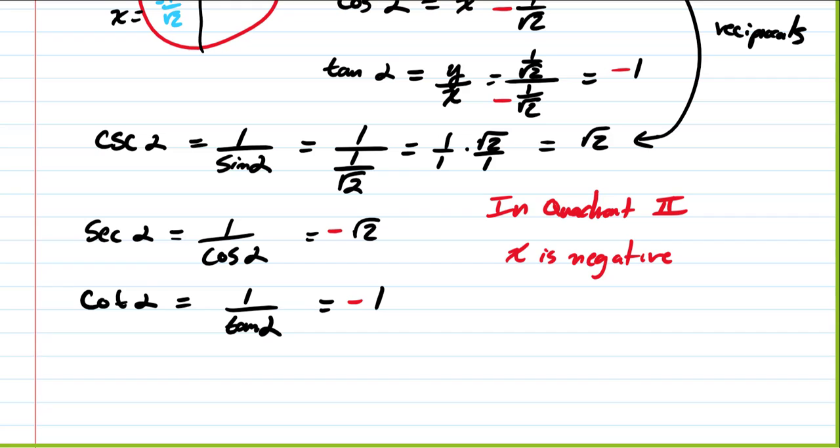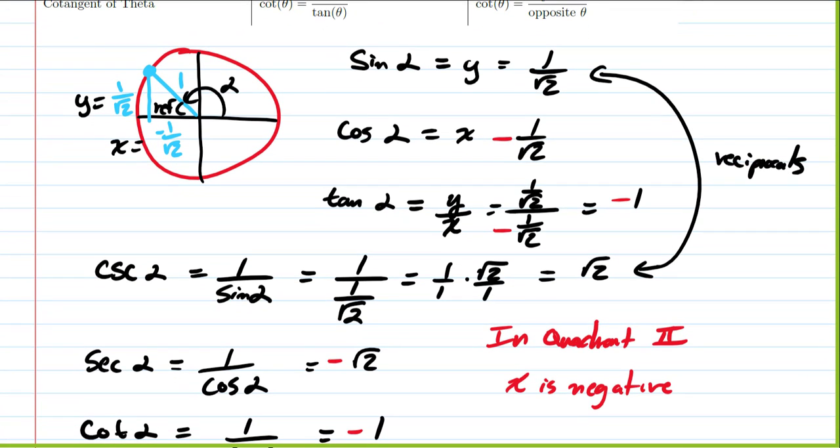In quadrant 1, every trigonometric function is positive. In quadrant 2, since x is negative, cosine is negative. In quadrant 3, both x and y are negative. So then, if both x and y are negative, sine is negative, cosine is negative. But if they're both negative, a negative divided by a negative is a positive.